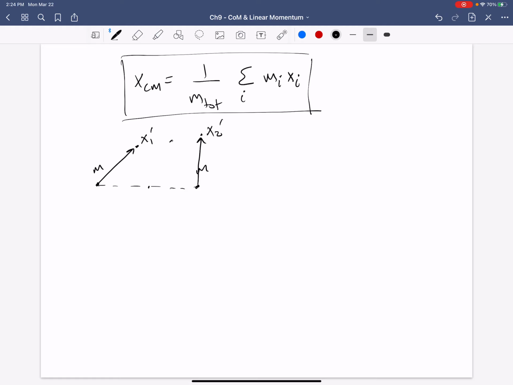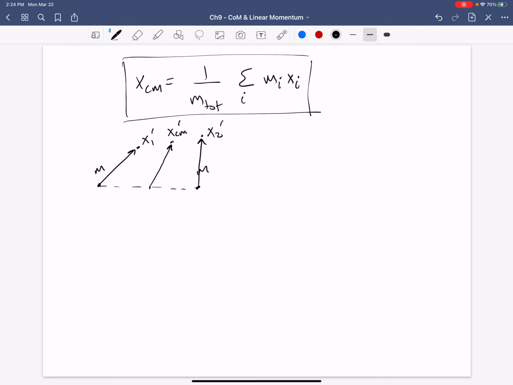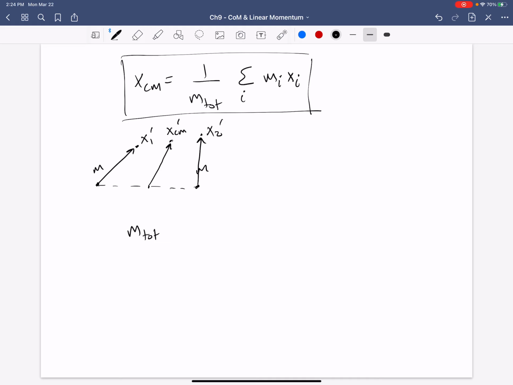So the new center of mass will again be halfway in between. So that would be xcm prime, like that, right? And so what we have here is effectively the following. Let's do the sum, right?